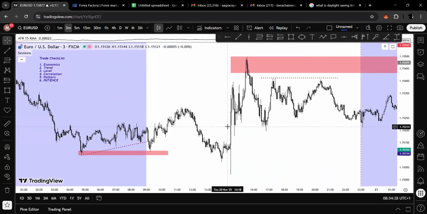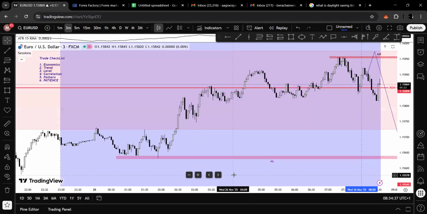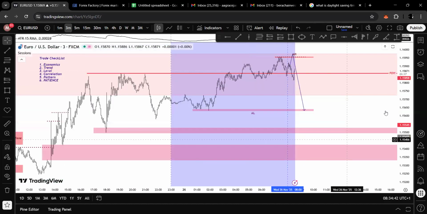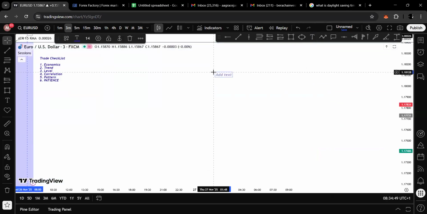Because GBP is Great Britain pounds. So when you look at all the currencies that are actually available, we have GBP, EUR, AUD, NZD, USD, CAD, CHF, and JPY.